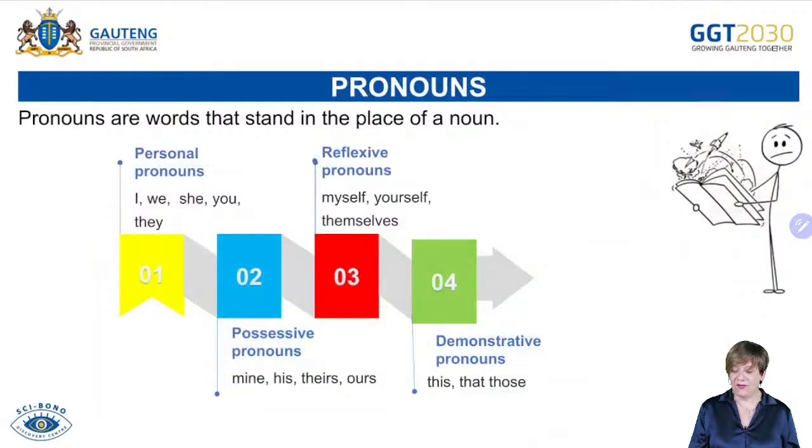I've got possessive ones: mine, his, theirs, ours. And I've got reflexive ones. Now the reflexive and the possessive ones are almost the same: myself, yourself, themselves. And I've got demonstrative pronouns like this, that, and those.